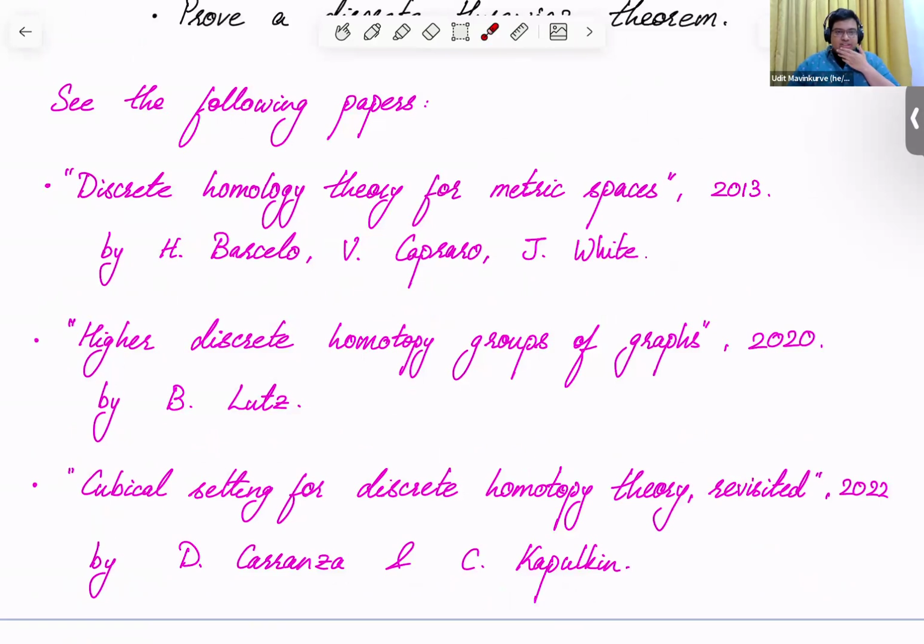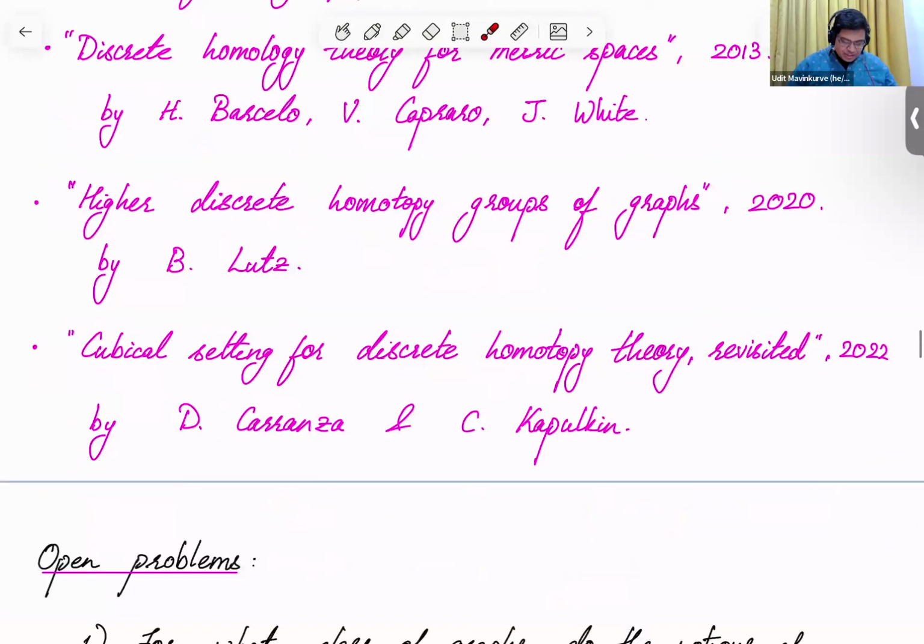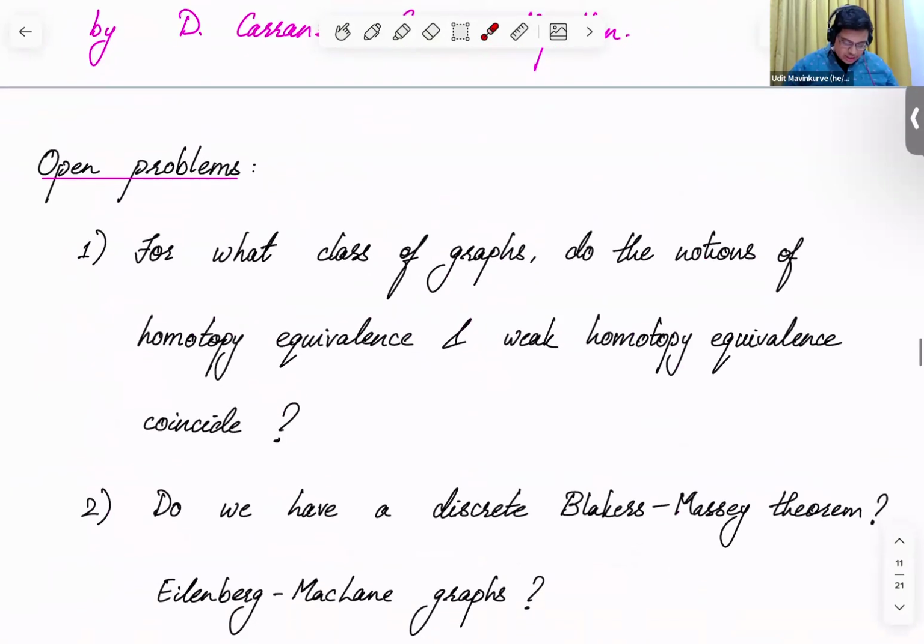They also proved a discrete version of Mayer-Vietoris. The appropriate notion of suspension was in a paper by Bob Lutz, where he first looked at higher discrete homotopy groups of graphs. And then the discrete Hurewicz theorem was generalized to the correct extent in a paper by Daniel Carranza and Krzysztof Kapulkin in 2022. Okay, so that's just a brief introduction to the subject.